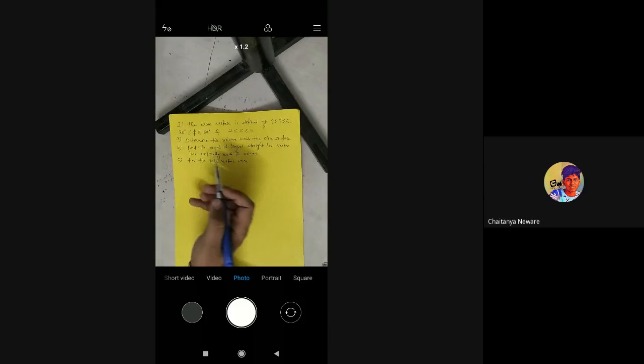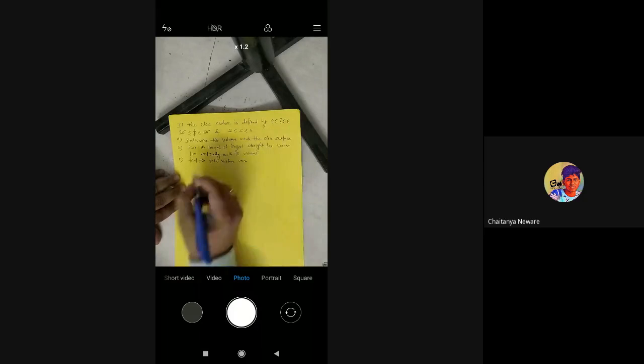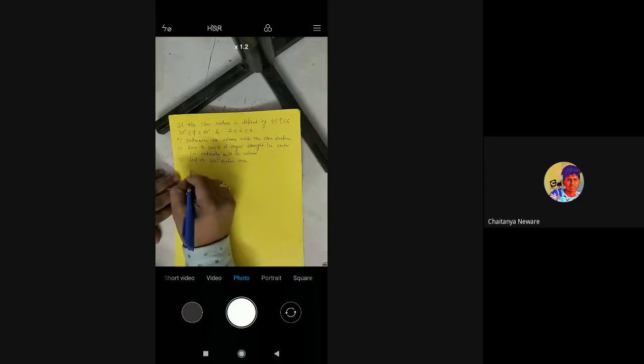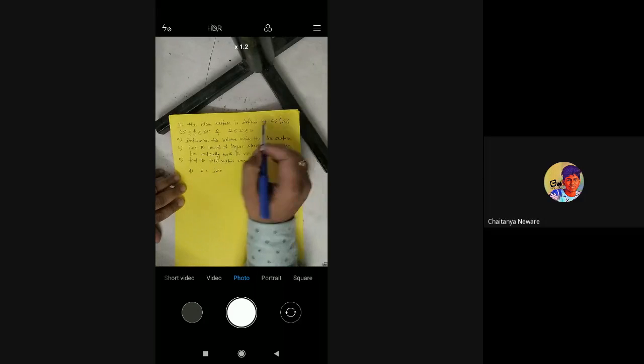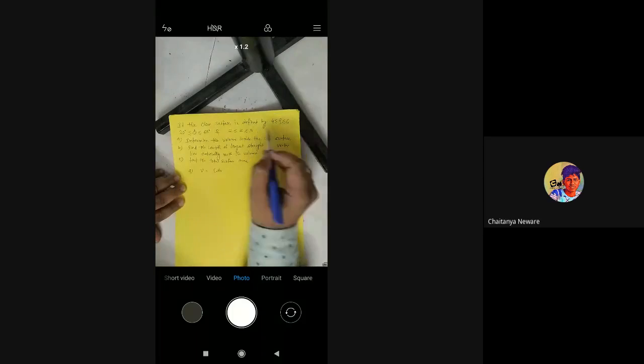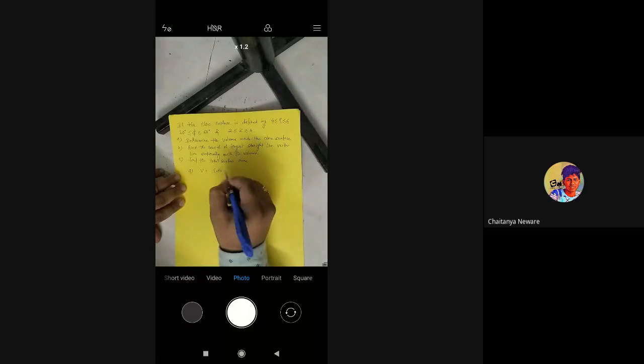So here we have to find first the volume inside the closed surface. So first we have to find the volume, means integration of dv. Because the coordinates are rho, phi, z, this is your cylindrical surface.